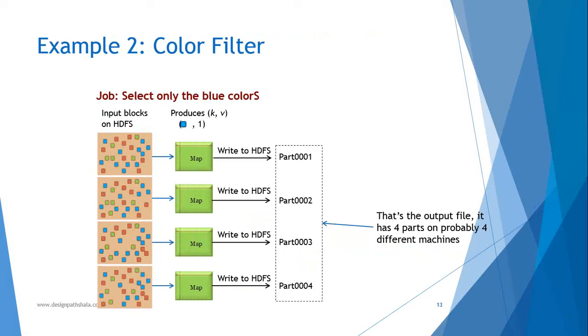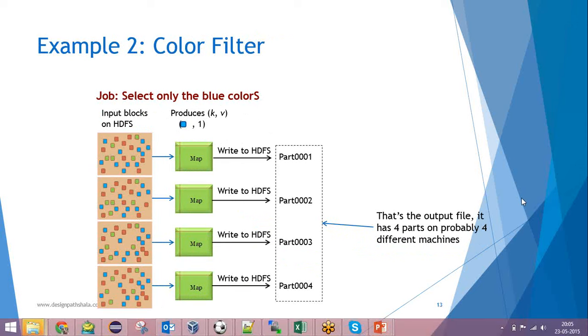All I want to say on this slide is there could be some cases where you really don't want to reduce your data, you just want to process all your data somehow. So your data might be directly emitted from the mapper phase to HDFS, and your number of reducers is 0. Again, all these things are configurable. How to do that, we'll talk about that, but I'm just trying to make you visualize how things happen over here.